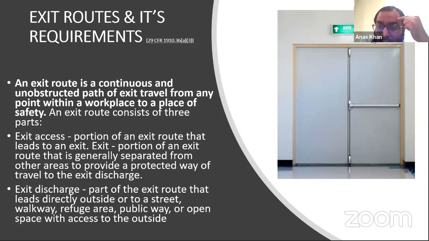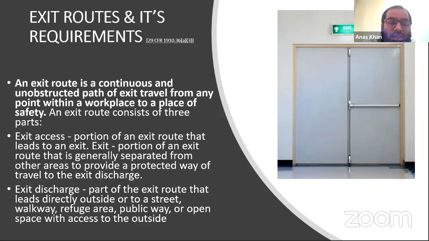The production department or the warehouse is above the ground, and when you open the emergency exit, there is no stair, so you have to jump, which is another hazard. In case of emergency, when you are rushing towards the emergency exit and you open it, there is a 3 or 4 feet drop, so you have to jump to go to the assembly point or the muster point. So this will be another problem.